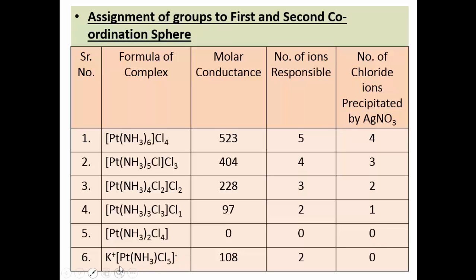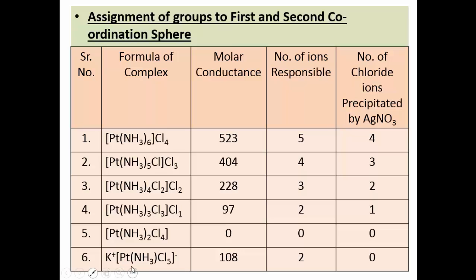Now see in this complex what happened. One potassium ion is present before this square bracket, so +1 charge, which is neutralized by the -1 charge of this complex anion. How is it an anion? 5 chloride ions means -5, 1 ammonia molecule means 0, and on platinum there is +4.